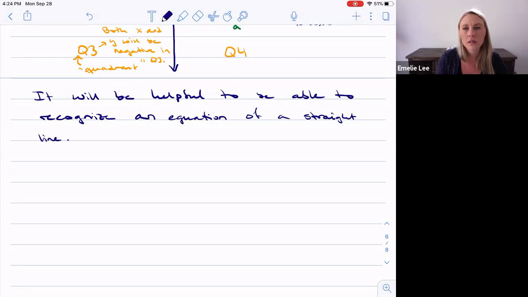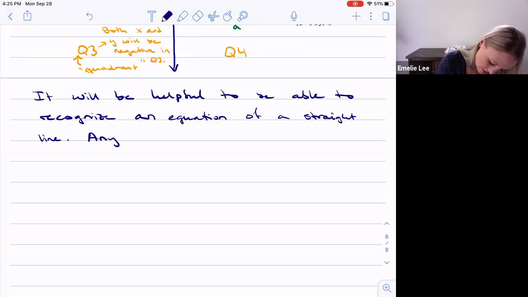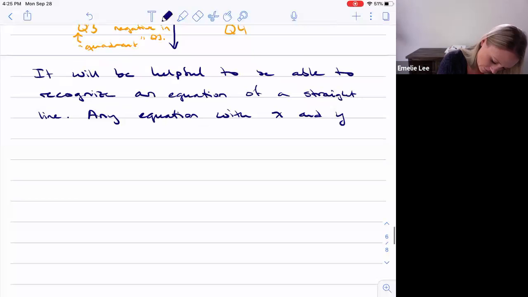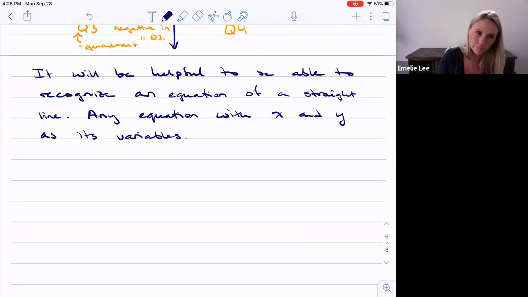Anything with 1x and 1y, or any equation with x and y as its variables.